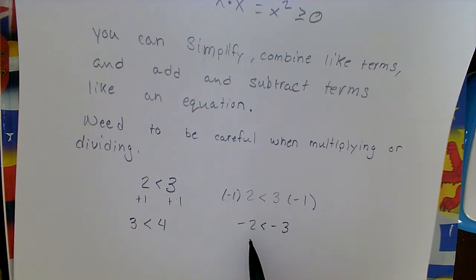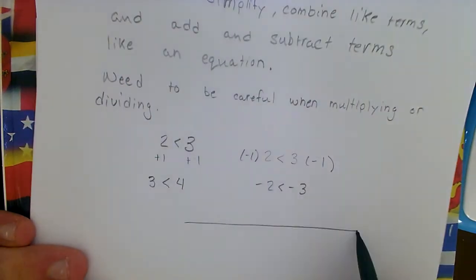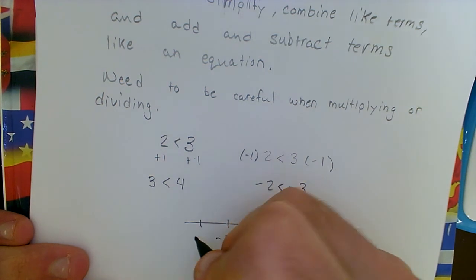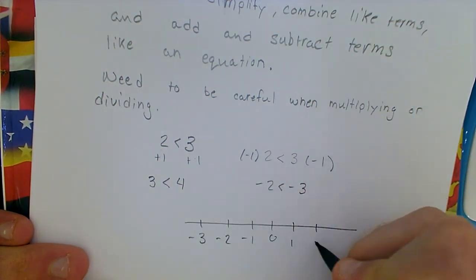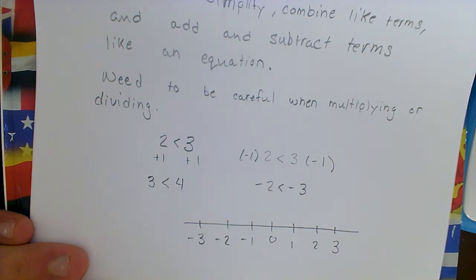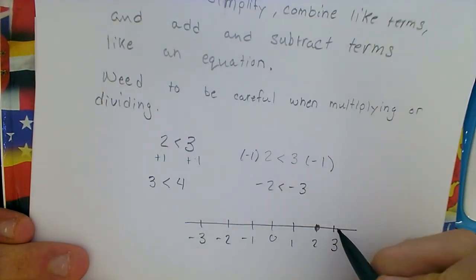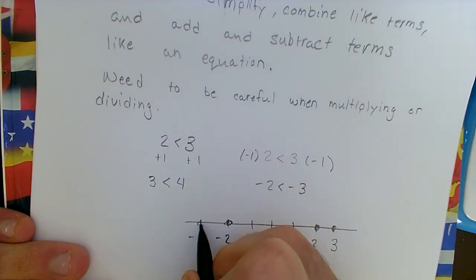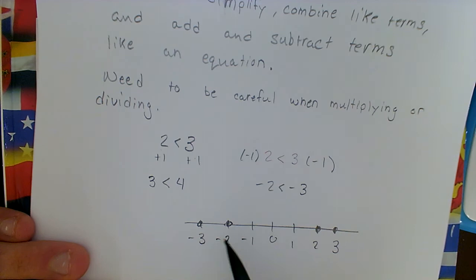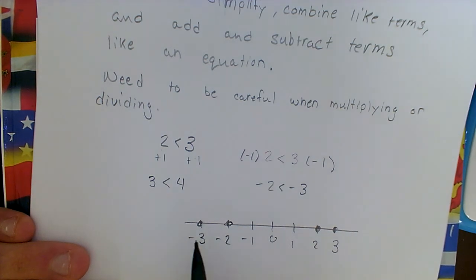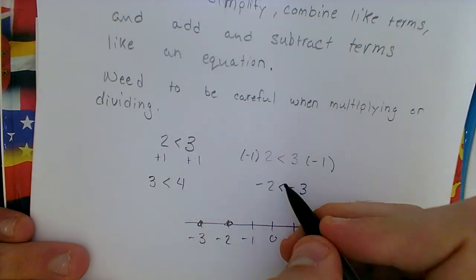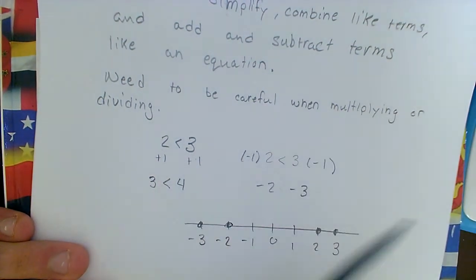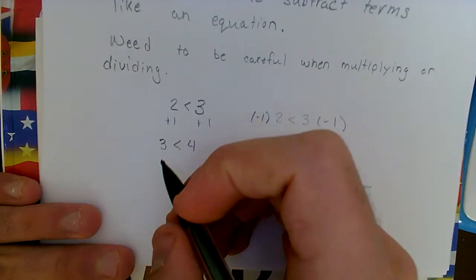That's not true, because if you look at a number line, you've got 0 here, -1, -2, and -3, and then here we have 1, 2, and 3. Originally, yes, 2 is less than 3. But when we multiply by -1, now we have a -2 and a -3, and actually -3 is further to the left on the number line. So the way this ordering works is that when you multiply, you have to flip around your inequality. Whenever you multiply or divide by -1, you flip the inequality.